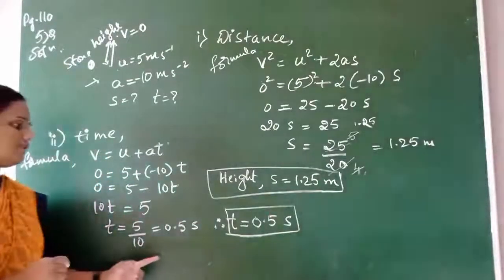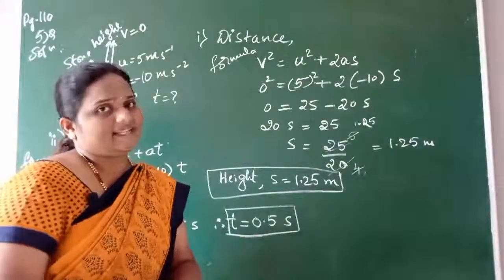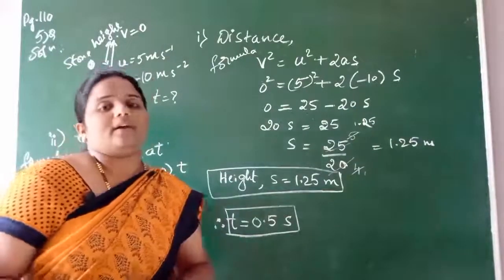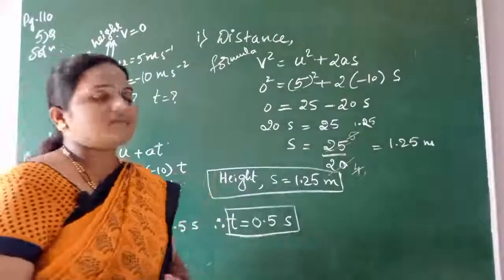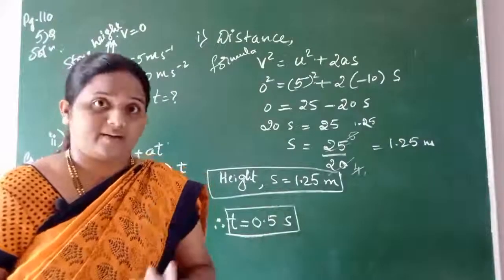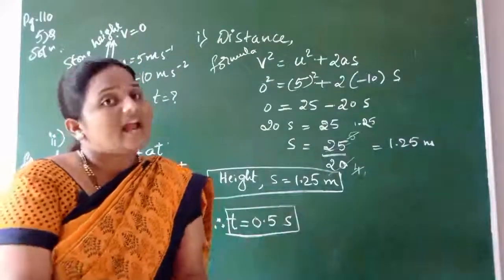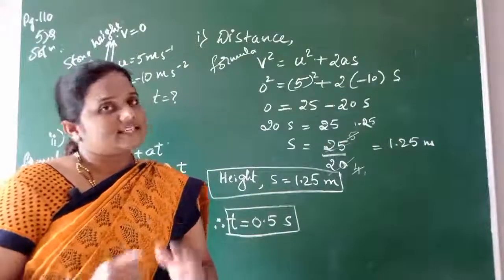After substituting all the values, the time value you will get is 0.5 seconds. Understand, children? Okay. Children, practice all these problems 2 times, 3 times until you are perfect. Then only we will be able to solve the next exercise problems easily. Is it clear?